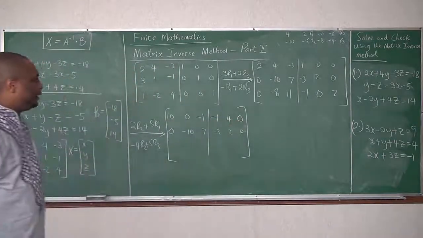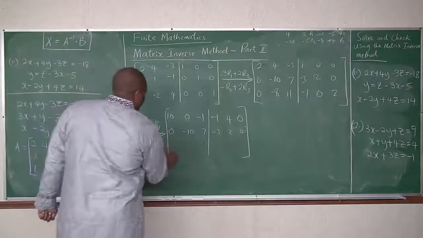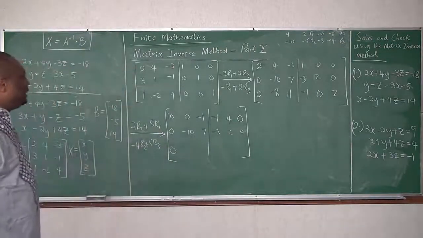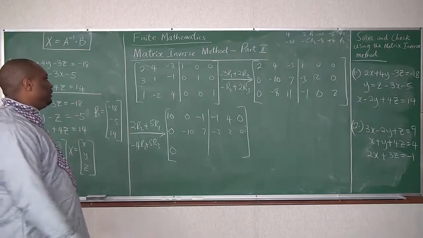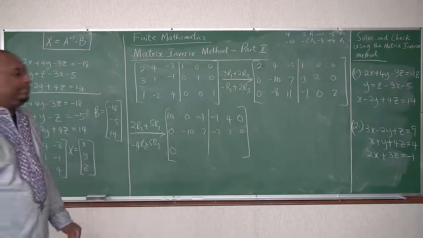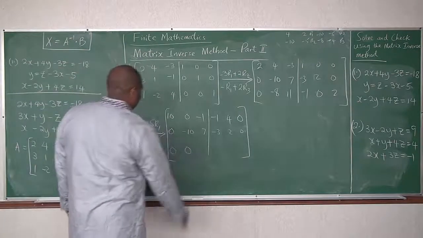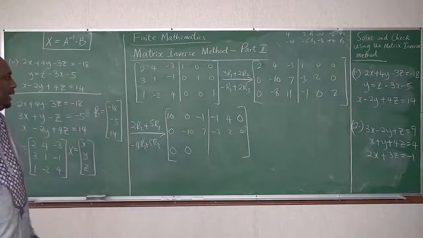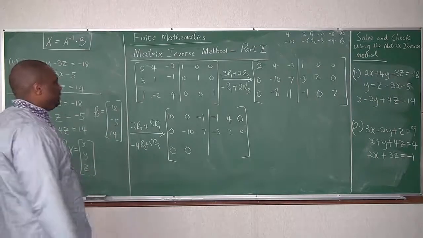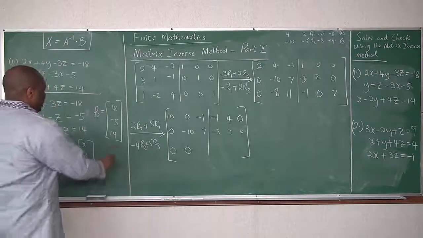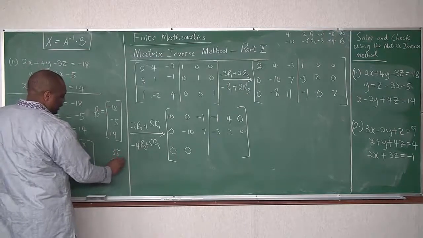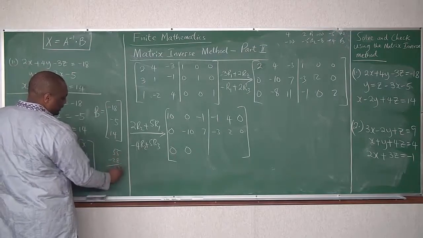Then row 3, 0, 0 is 0. Negative 4 times negative 10 is 40. 5 times negative 8 is negative 40. 40 minus 40 is 0. Negative 28 plus 4 times 7 is 28. Negative 28 plus 55. 55 minus 28. 15 minus 8 is 7.